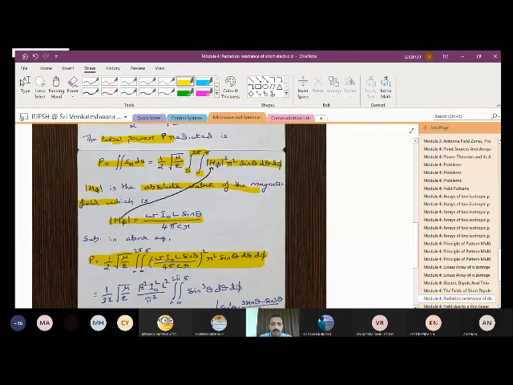What are the components available? Beta square I naught square L square divided by pi square. The rest of the components: sine square will be there, sine will be there, so sine cube theta d theta d phi will come to be integrated from 0 to 2 pi, 0 to pi.